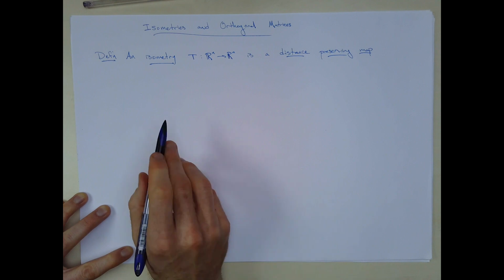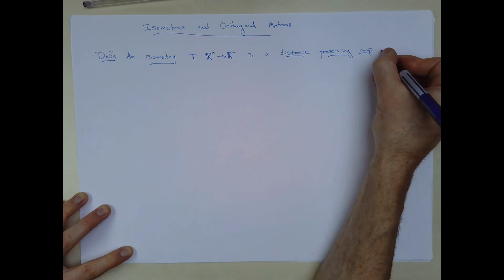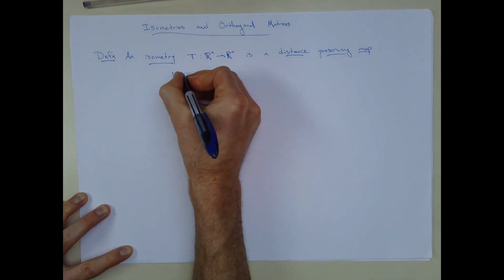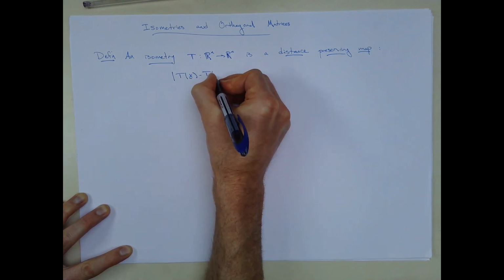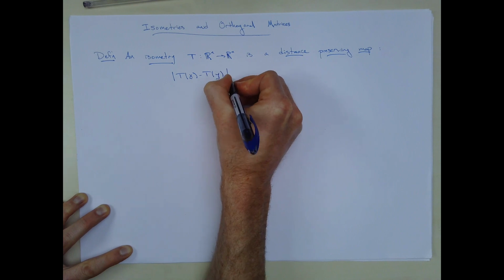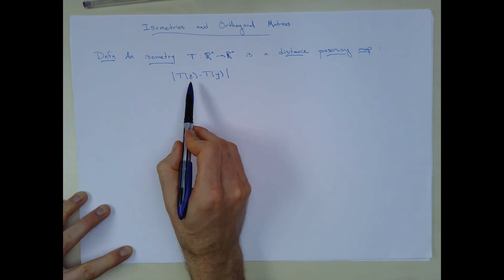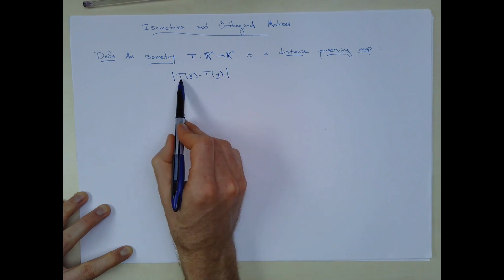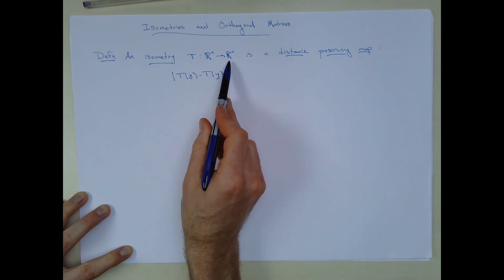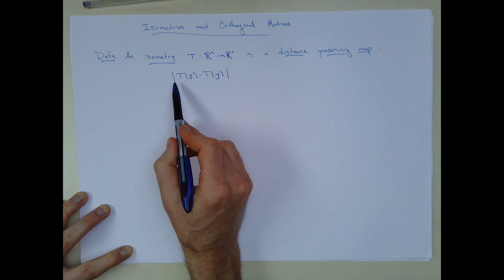So what we mean is that if I take any two vectors x and y in Rn, T of x is also a vector in Rn.